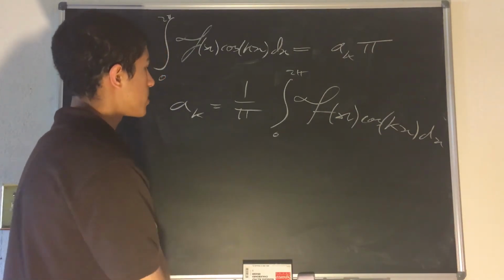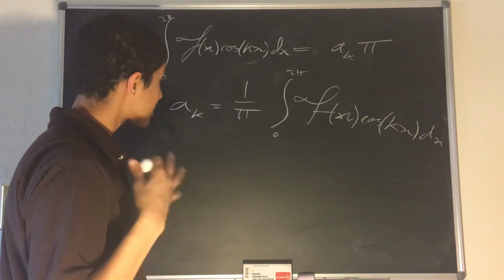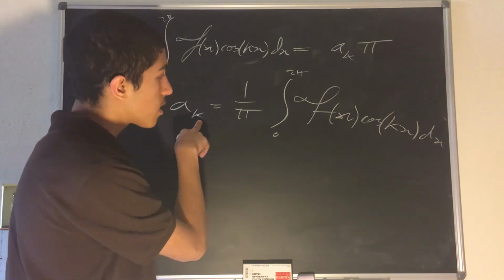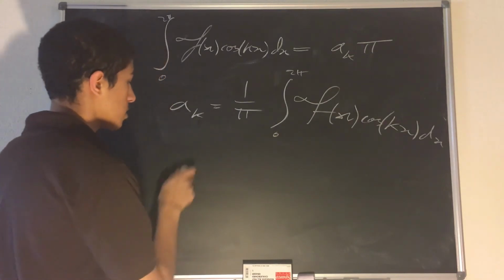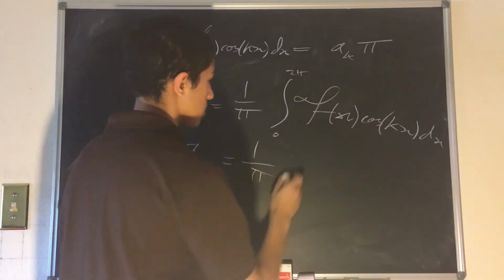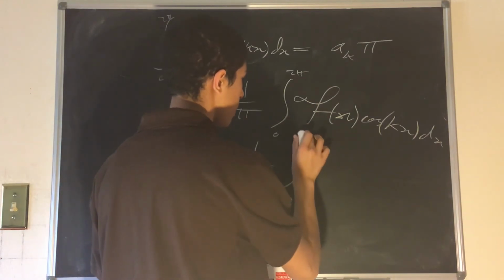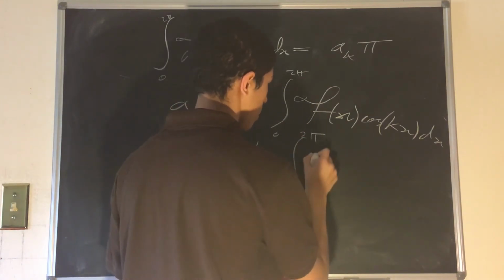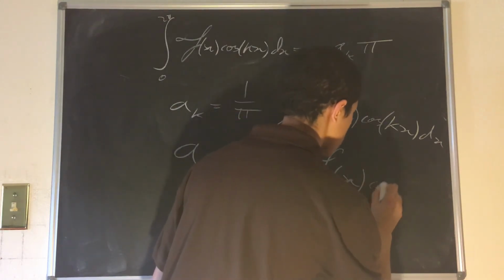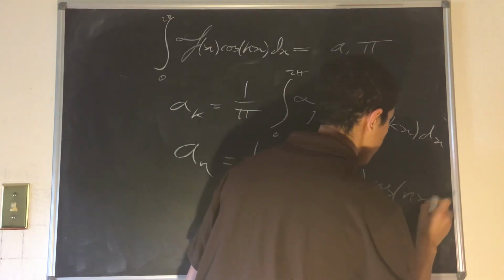And now what we can do is we can substitute n instead of k, my apologies. So then we have a sub n is equal to 1 over pi times integral from 0 to 2 pi of f of x times cosine nx dx.